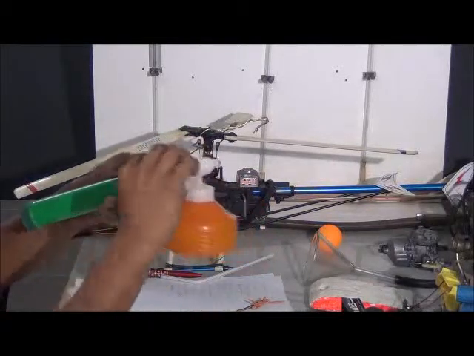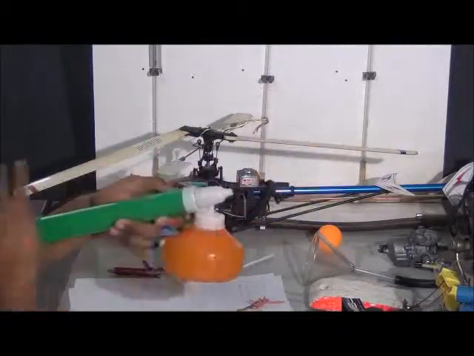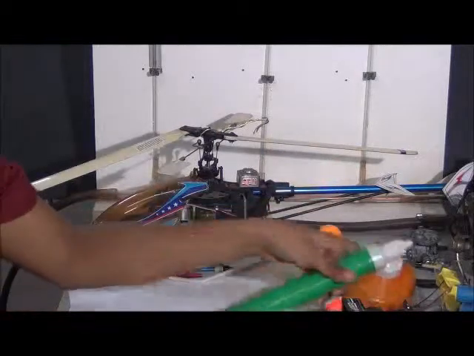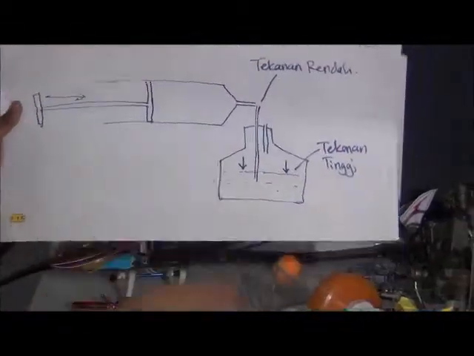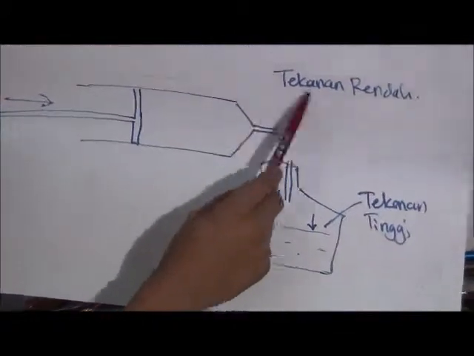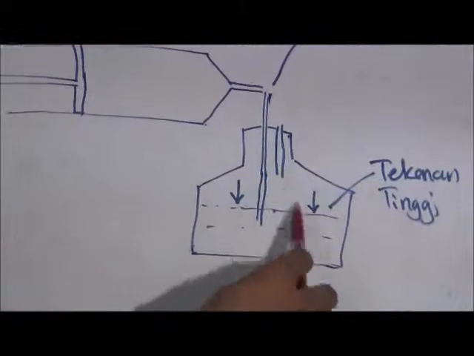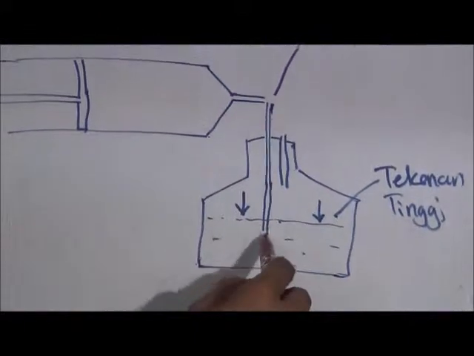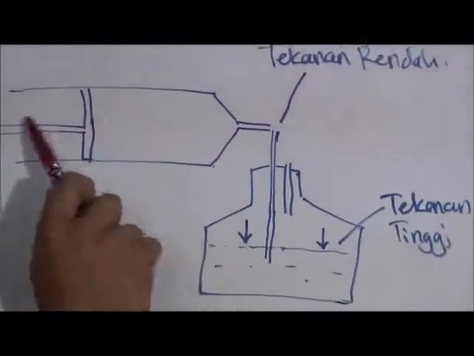It will enter the tube and it will be pushed by the force. This is the picture of it. So as I said, a low pressure will be created over here, so the high pressure will push the water inside this tube, and it will be pushed outside.